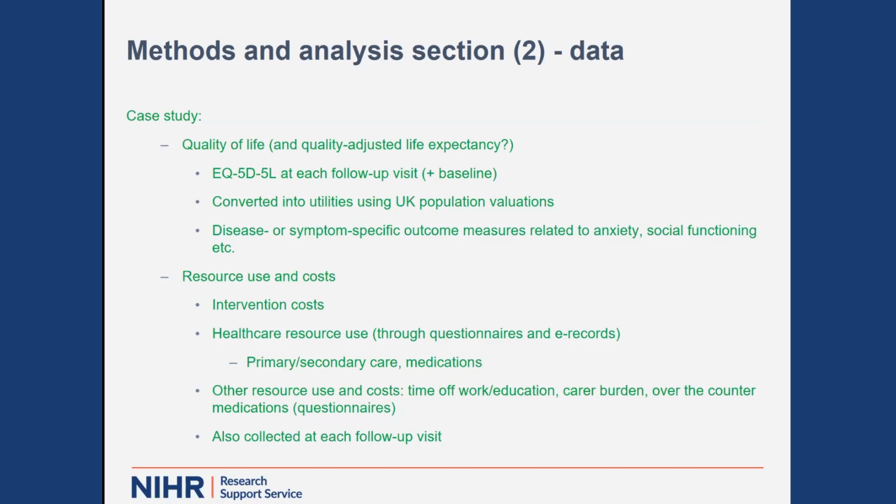We may also want to capture some disease or symptom-specific outcome measures. And then what resource use and costs are we going to capture? So the intervention, additional healthcare resource use, primary and secondary care, medications, and then other resource use, time off work or education, carer burden, over-the-counter medications, perhaps from questionnaires, and also collect these things at each follow-up visit.